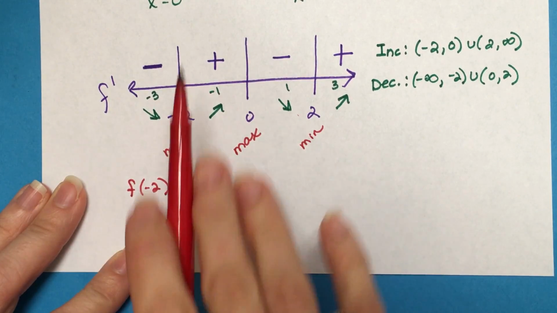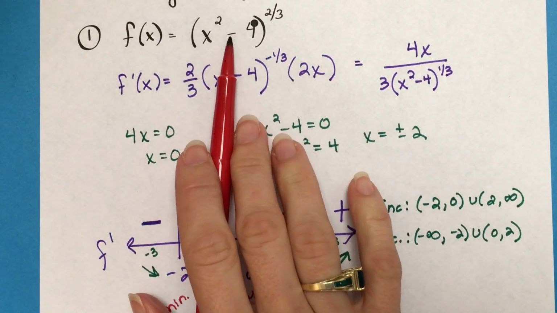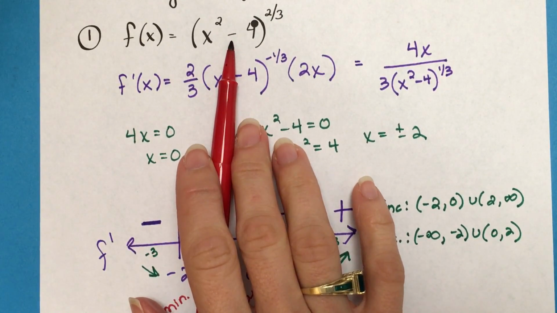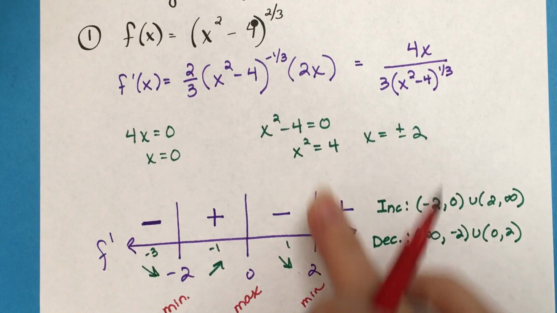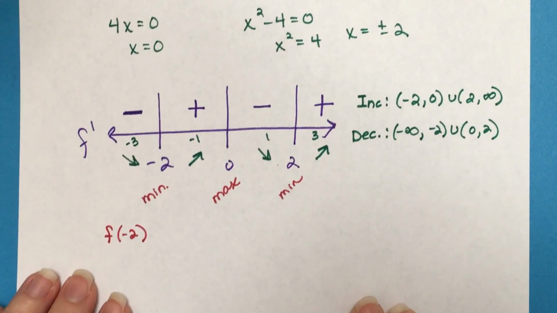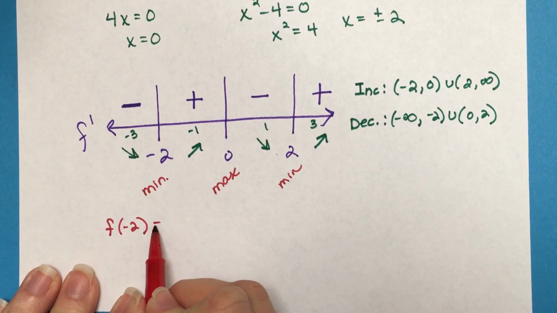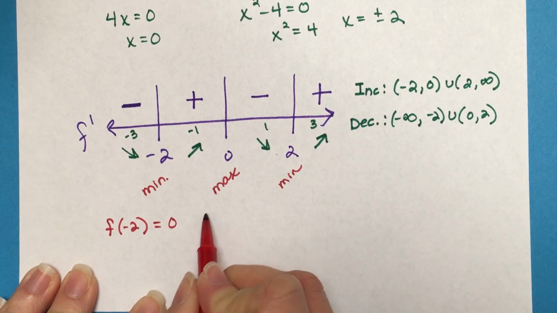Substitute this back into the original function because you're locating an actual point on this function. So when you're doing this, don't plug into the first derivative like we did here. You go all the way back to the original function.